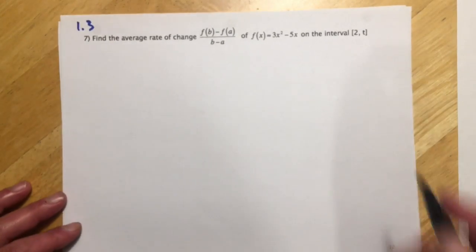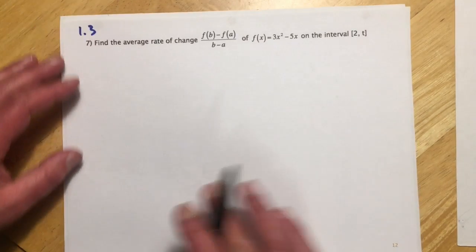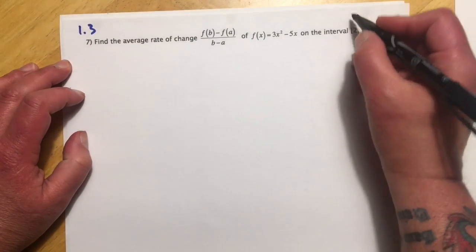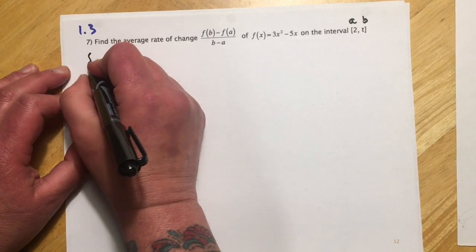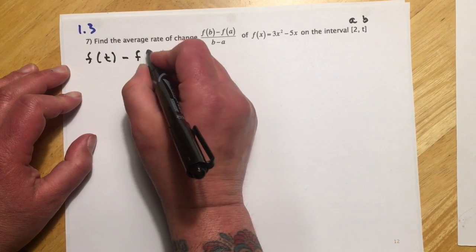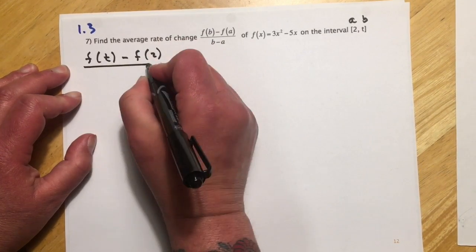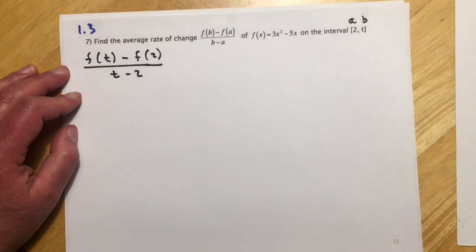And so this is the same idea, except now there's a variable. So it's going to be algebraic rather than just numerical. And so this is my a and this is my b. So that means I'm finding f of t minus f of 2 over t minus 2.